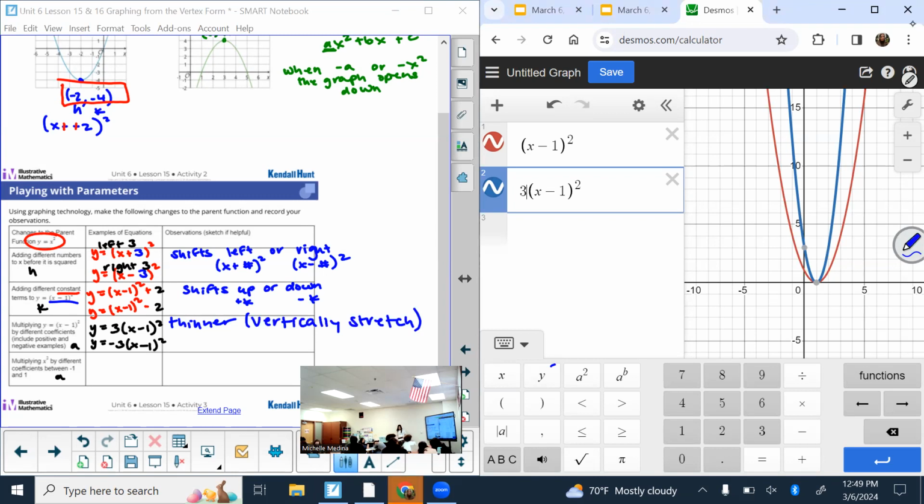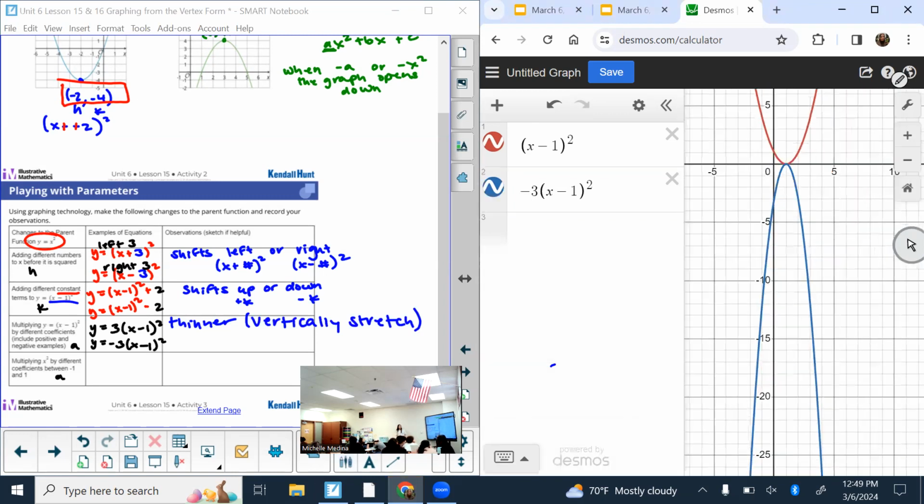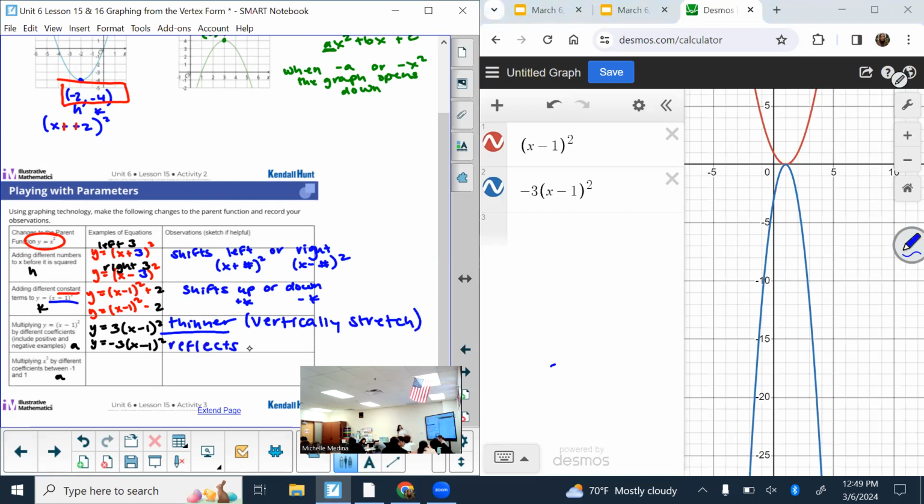Now, what about if I times it by -3? Let's see what happens. How would you describe that change from the original? It reflected, is that all it did? It reflects and it's still vertically stretched.